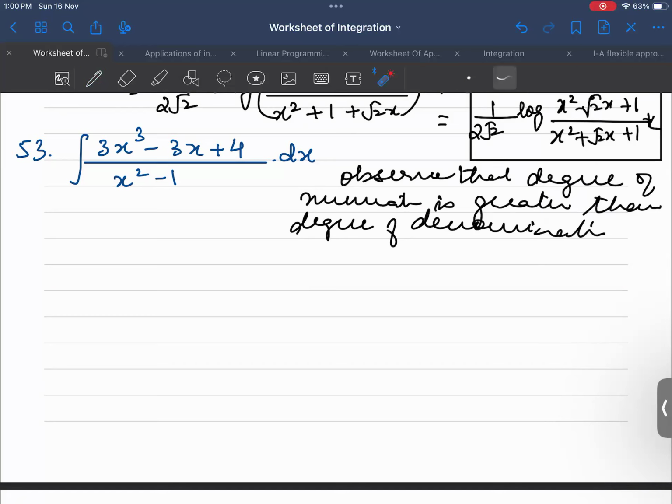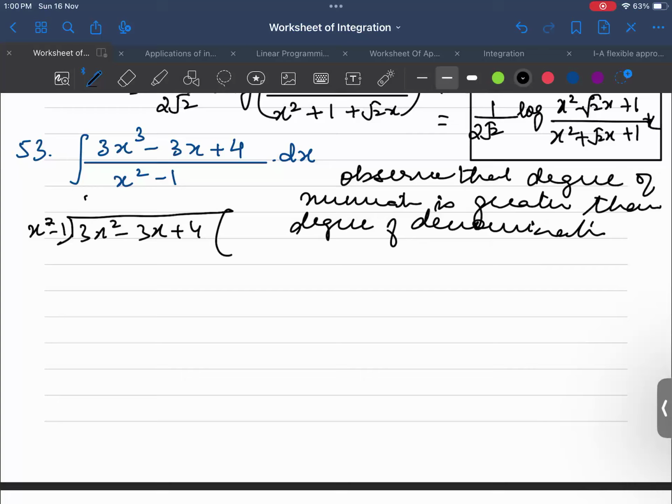Which degree is 2 and this is 3. The degree of numerator is more than the degree of denominator. In this case, what will we do? We will first of all simplify it by dividing it. I can say x square minus 1 divided into 3x square minus 3x plus 4. We know how to divide it.